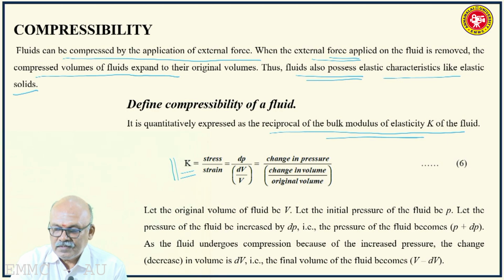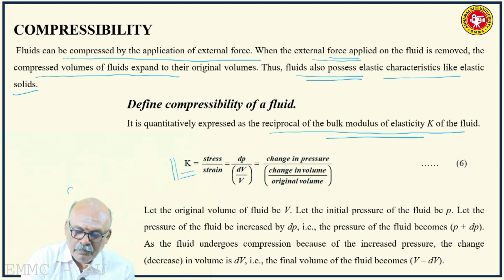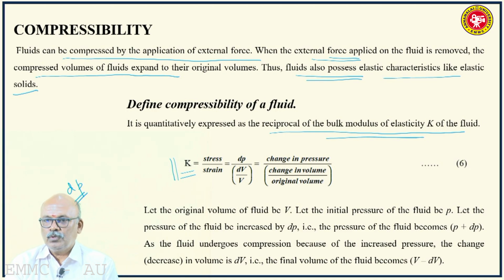So stress is nothing but the increase in pressure due to compression, or the change in pressure we call it. It can be either a compressed gas where you release the compression, or you can add compression by increasing the pressure. So it is the change in pressure, and strain is nothing but the ratio between the change in volume and the original volume of the fluid.